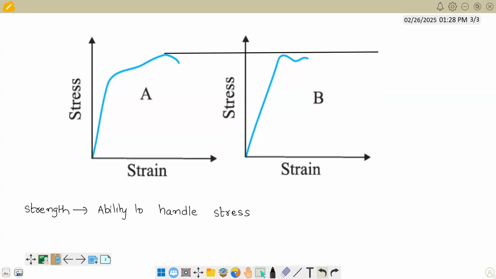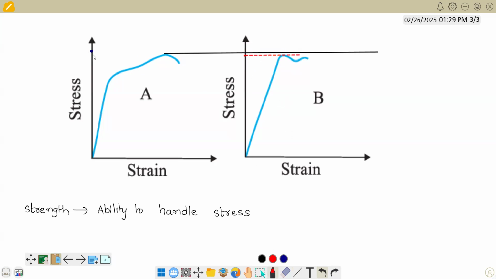So whichever can handle the largest stress. So the largest stress value for the first one is slightly higher than the largest stress value for the second one. It is slightly lower. So if I draw it, the other one is a little bit lower. So this is the largest stress the second material can handle.